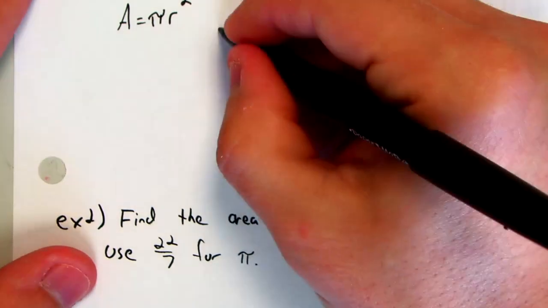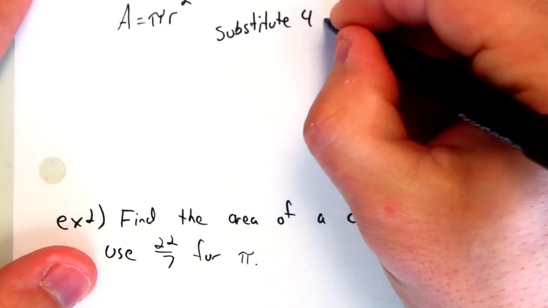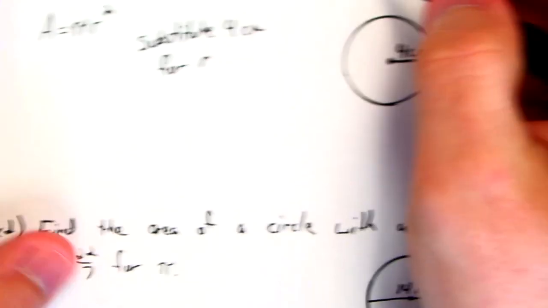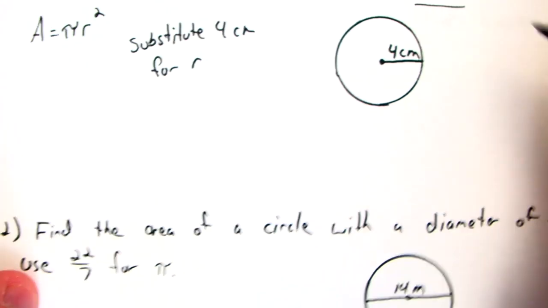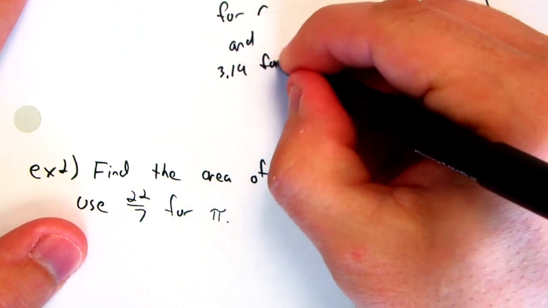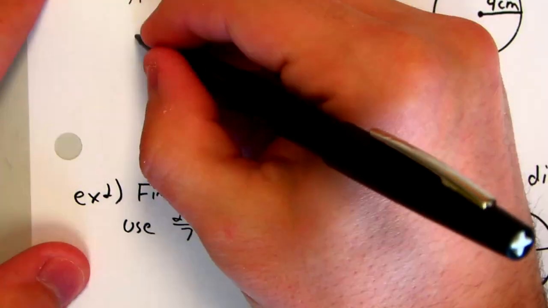So r is 4, so I'm going to substitute 4 centimeters for r. And it says to use 3.14 for pi, so I'm going to substitute 3.14 in for pi.